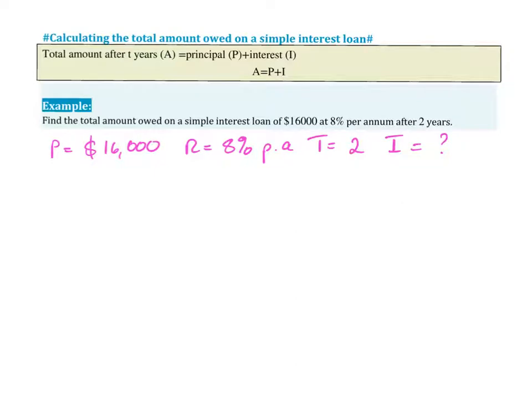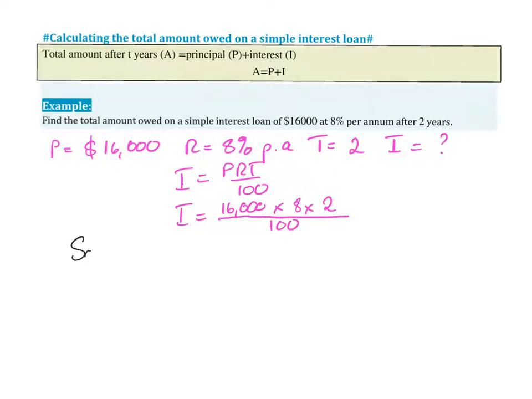So I is equal to PRT over 100. In this case, I is what I'm looking for, is equal to 16,000 times R, which is 8, times T, which is 2 over 100. Now I'm going to use the solve function on my calculator.